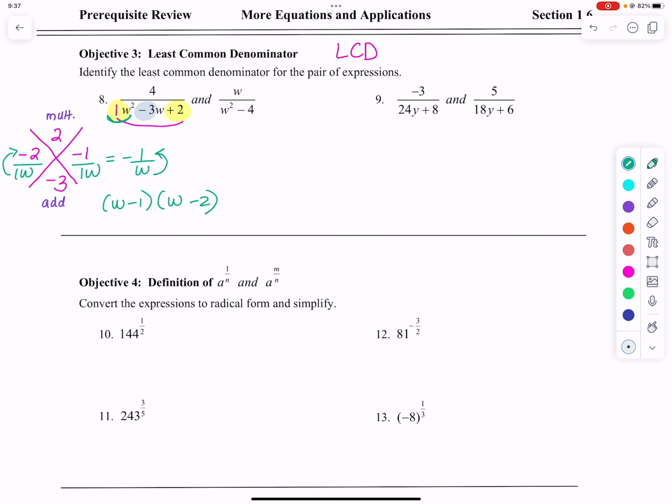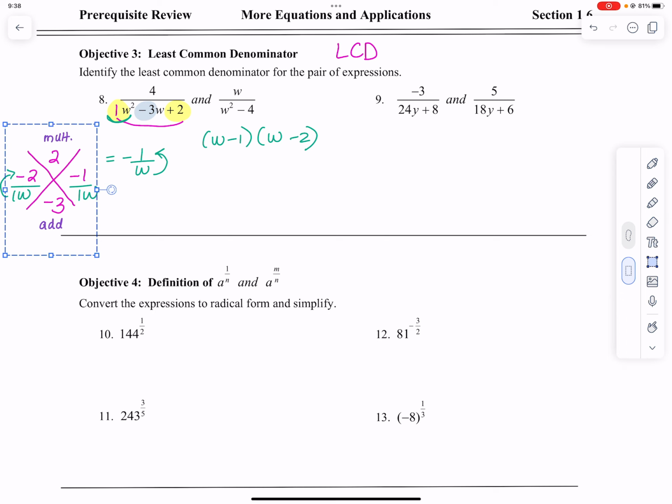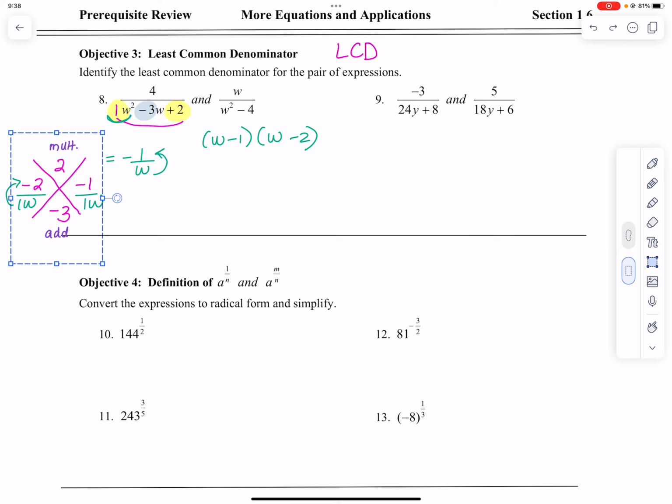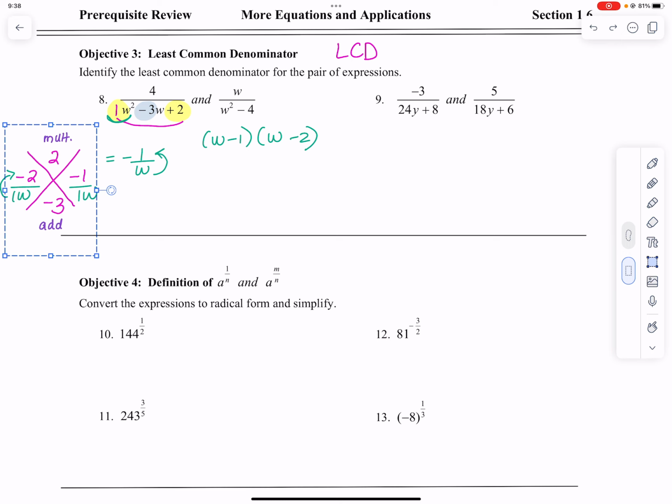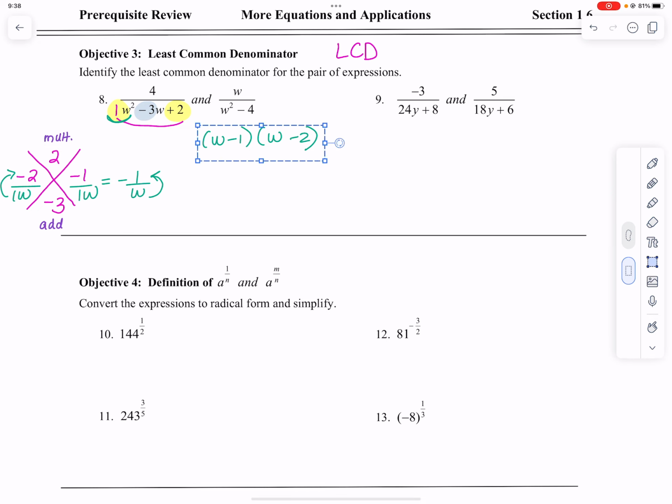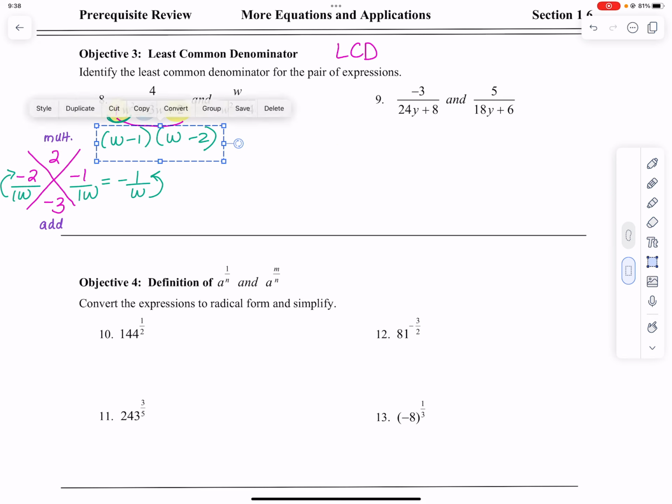So what I think I might do is move this real quick, and I'm going to move this down and this down, so that you can see that this is its denominator, okay?